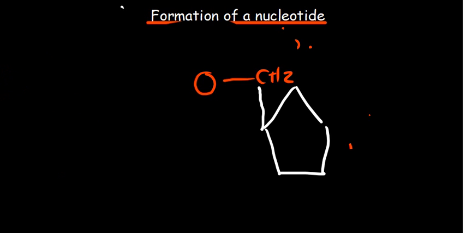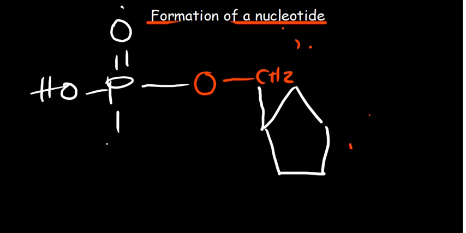At the phosphate there was a hydroxide, so the hydrogen is lost. So it's going to be like that now. That is the way our phosphate was in terms of structure, and that is what we have as a bond being formed there. Remember, on the other side there is a nitrogen connecting to the nitrogenous base.